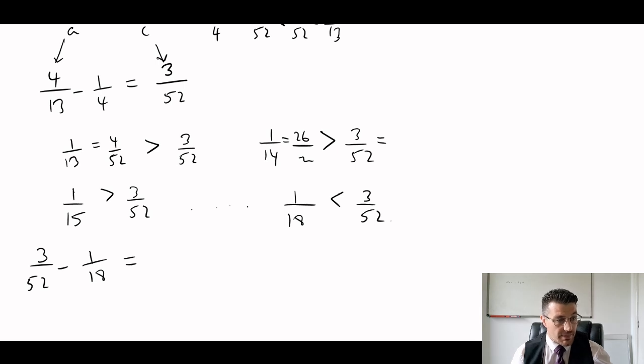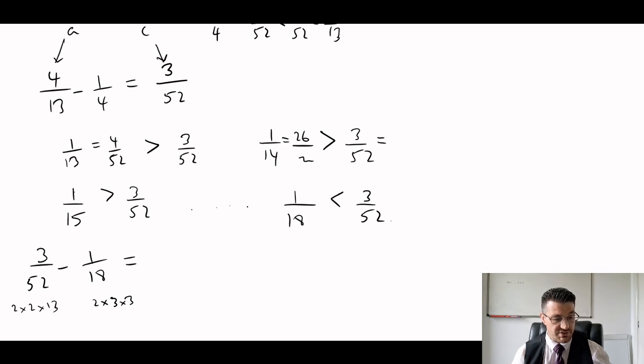Think about prime factor decompositions if you need to. So for example, 52 is 2 times 2 times 13. 18 is 2 times 3 times 3. This will be useful in a few minutes.